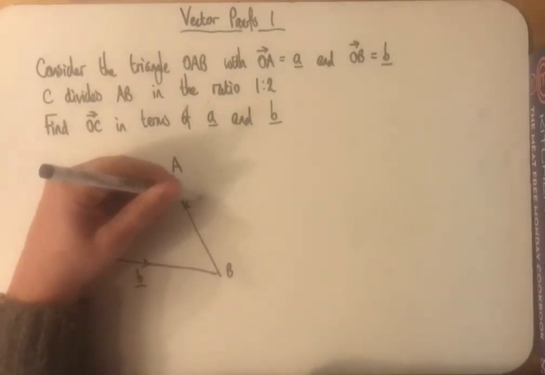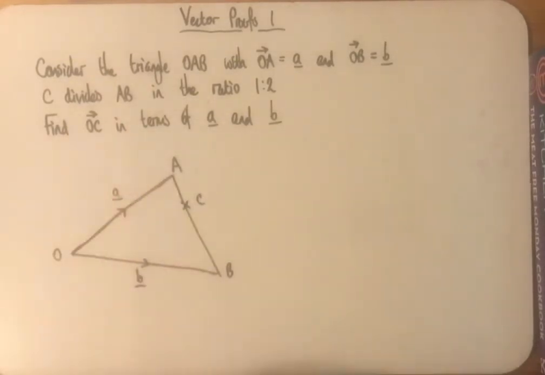So we'll put C there, in the ratio of 1 to 2. And we want to find OC in terms of a and b.